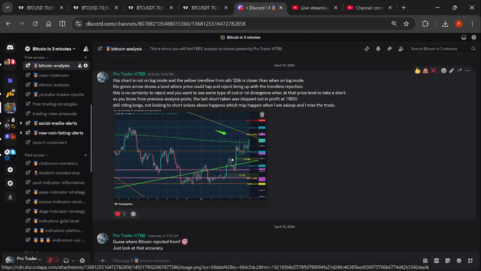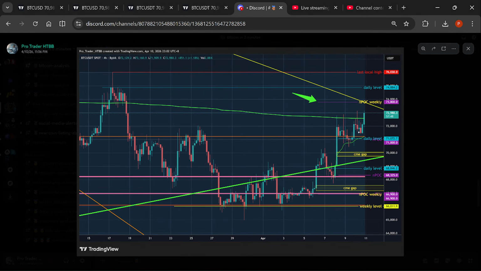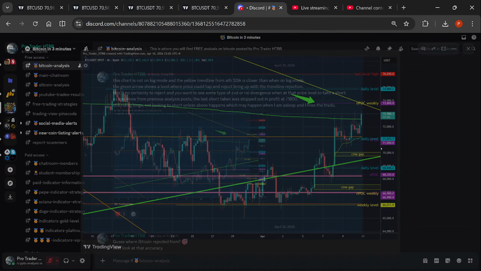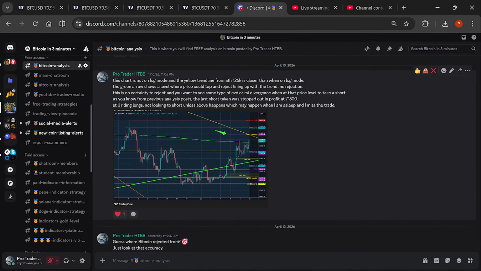You can see here, I've mentioned about this area here. This arrow was too short. So let's have a look at the chart.